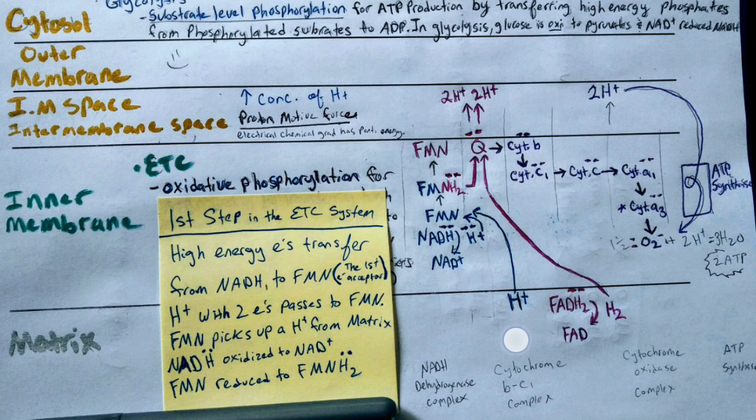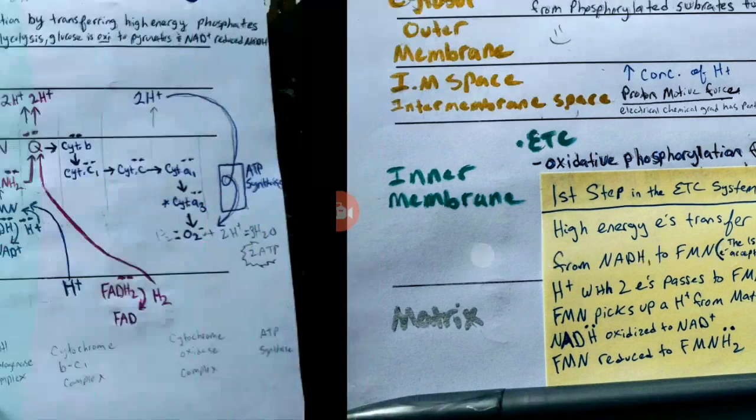NADH is oxidized, loses electrons, it becomes NAD plus, and FMN is reduced or gains electrons. It becomes FMNH2. So flavin mononucleotide plus 2 hydrogens, right? 1, 2, and then the electrons are there, just to remember that they're there.